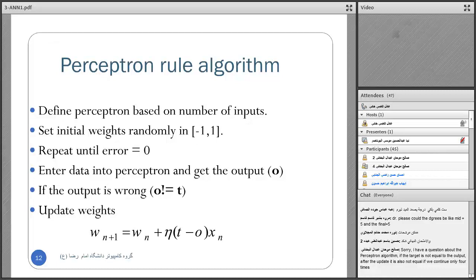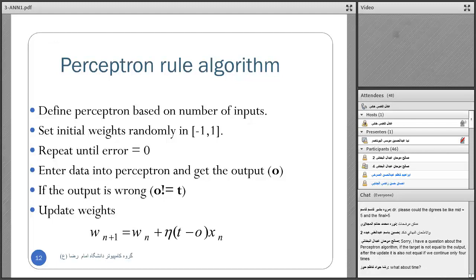Just read the slides. For example, I ask, in classification, what is the type of the output? These are the multiple choice questions.